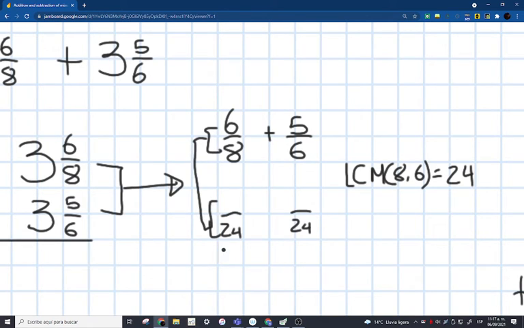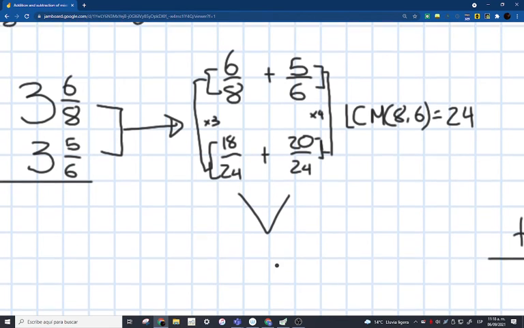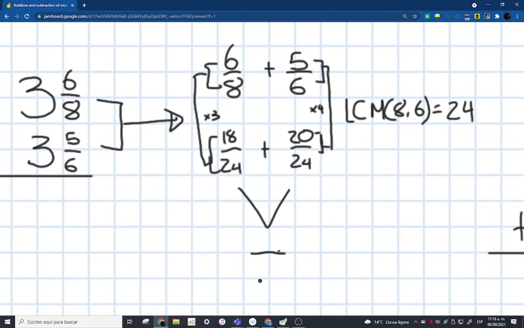If I multiply the 8 times something to get to 24, in this case it is times 3, now I also have to do it with the 6. 6 times 3 is 18 plus. And in this one, okay, 6 times what gives you 24? 6 times 4. So 5 times 4 is 20. And we add the fractions. The result is 24ths, and 18 plus 20 is 38.